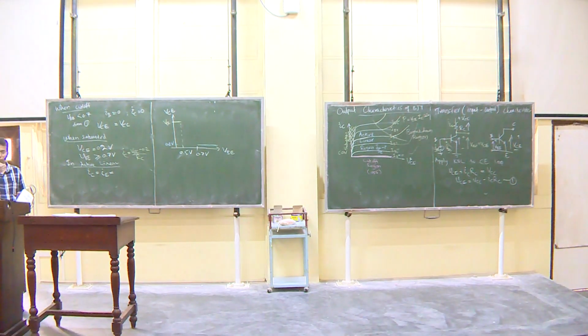So, IB plus 100 IB, 101 IB, right. Therefore, you can ignore the 1, so IC is roughly equal to IE.